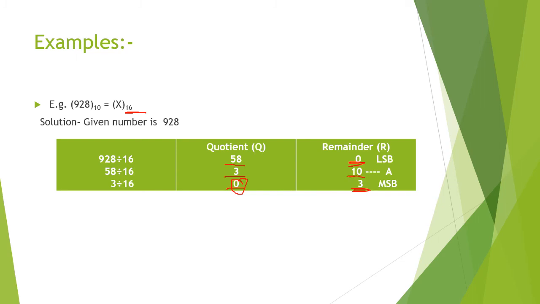So we have to write A instead of 10, as we all know that 10 is written as A in the hexadecimal number system. So the number becomes 3A0, which is the corresponding hexadecimal equivalent of 928, which is a decimal number.